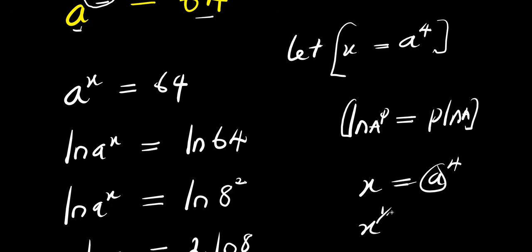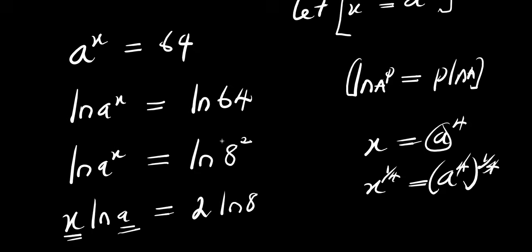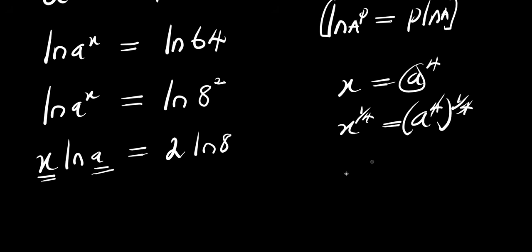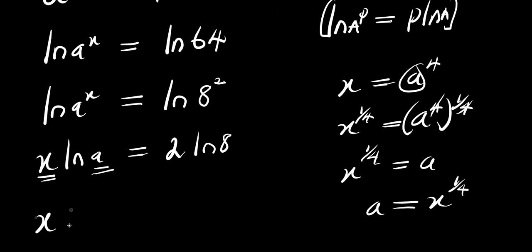This is x power 1 over 4 equals a power 4 raised to the power 1 over 4. So this 4 eliminates this 4, leaving behind just a. That means we have x power 1 over 4 equals a, meaning a equals x power 1 over 4. So we have x times natural log of x power 1 over 4 equals 2 times natural log of 8.